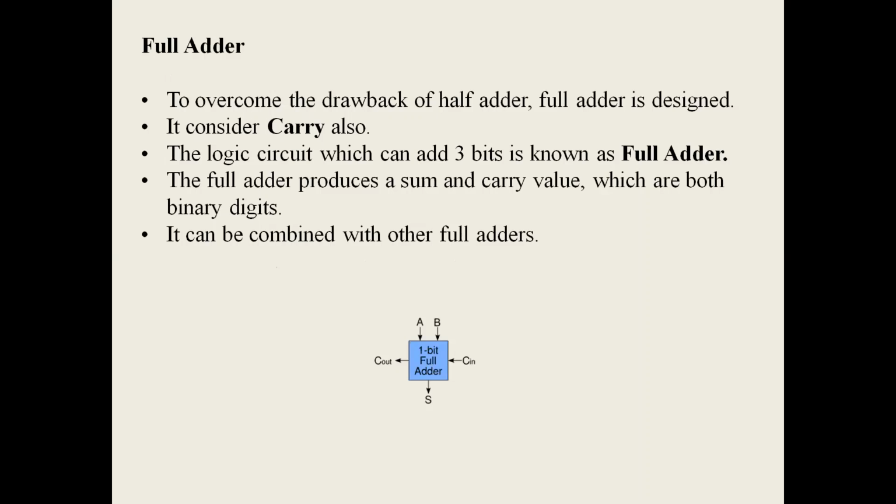The full adder produces a sum and carry value, which are both binary digits. It can be combined with other full adders. As you can see here, there are 2 inputs, A and B, and the carry from the previous bit, and it produces a sum and a carry to the next full adder, if at all we require.